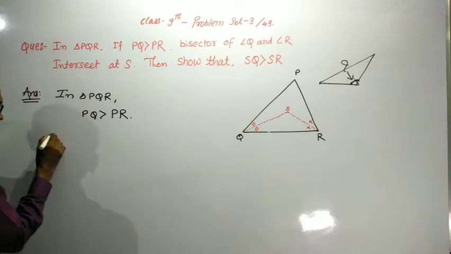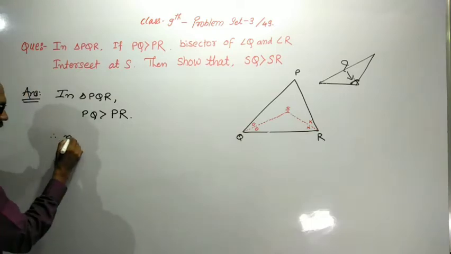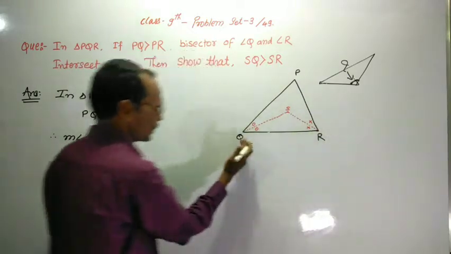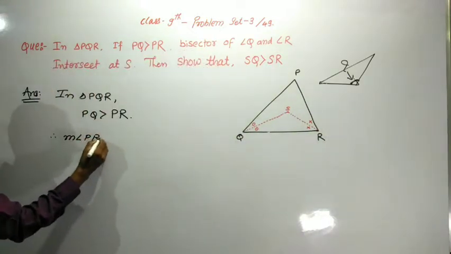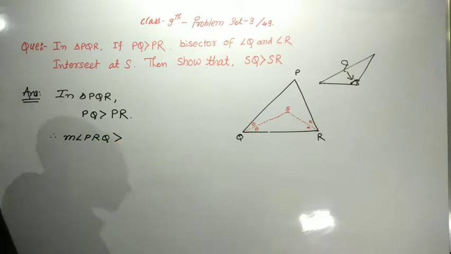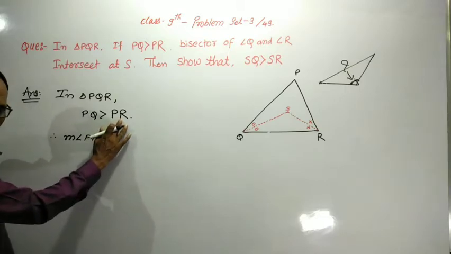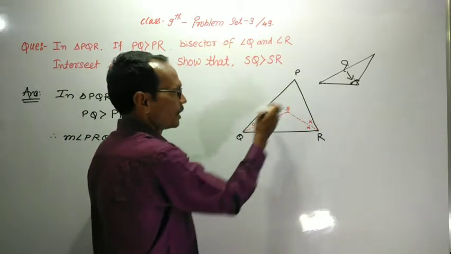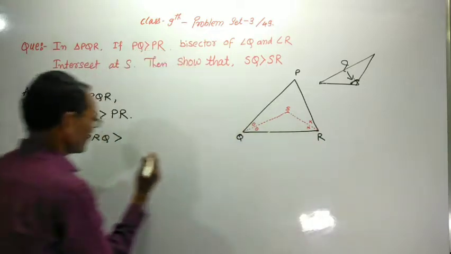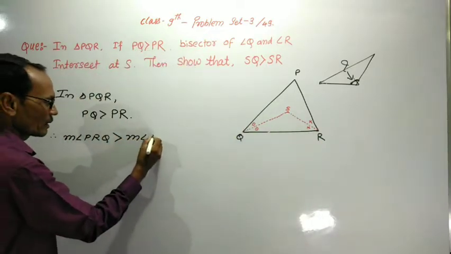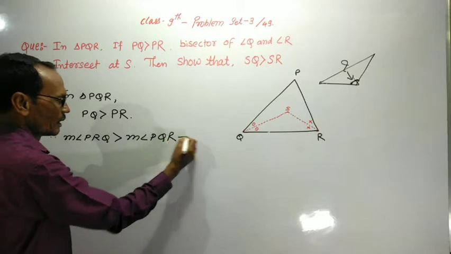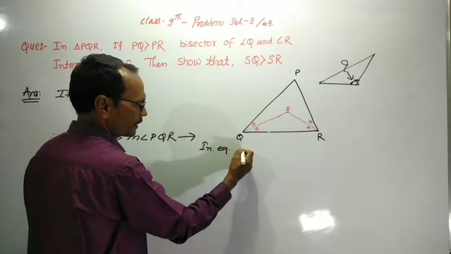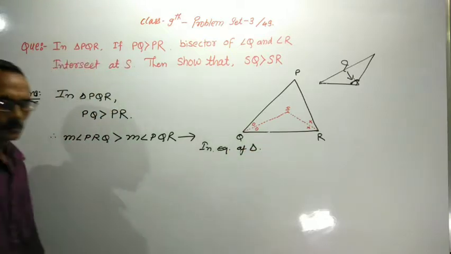Therefore, I can write here measure of angle opposite of greater side, PRQ, is greater. This is a smaller side. Angle opposite to small side is also small. So measure of angle PQR is smaller. And why is this? Inequality of triangle. This is the theorem.